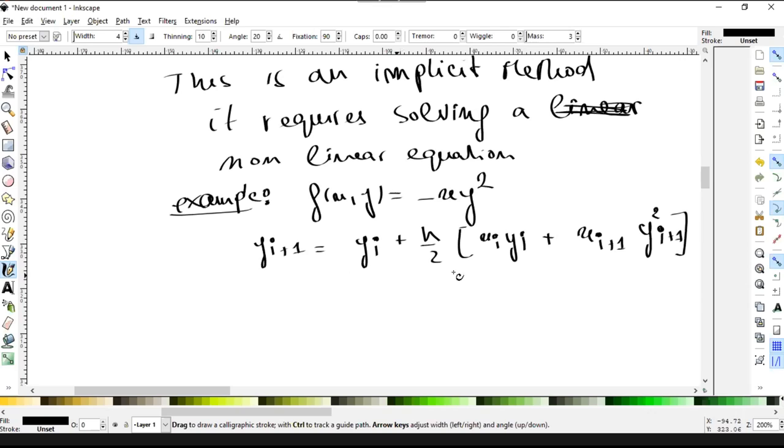So you need to solve an equation of the type f of x equals 0, and the solution yi plus 1 is the solution of this equation.